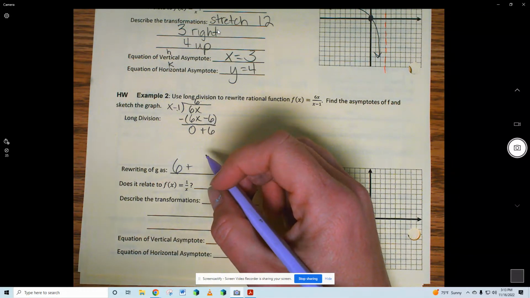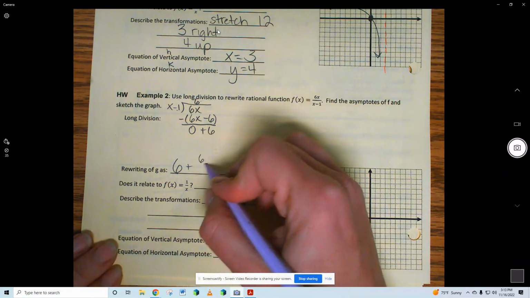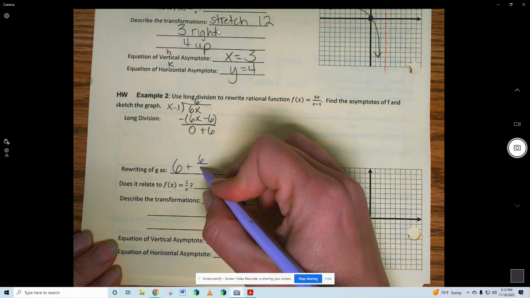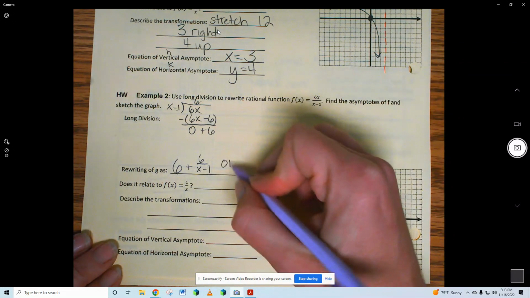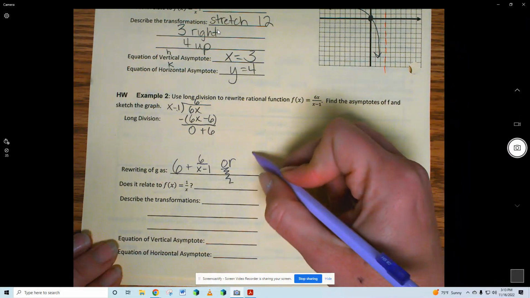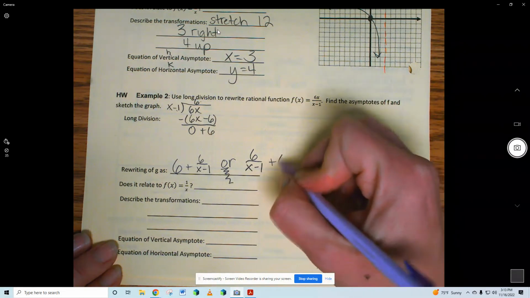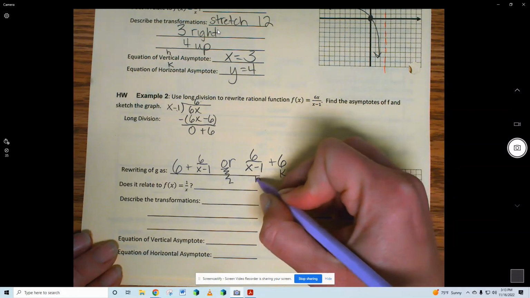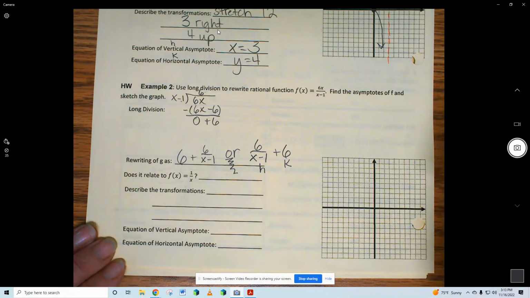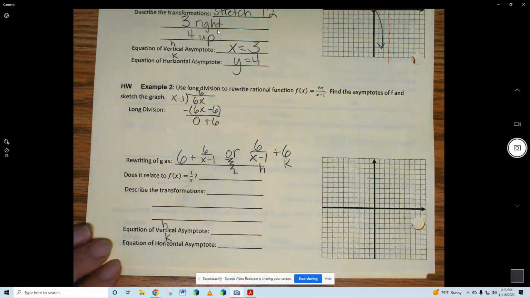I hear you talking, but 6. Rewrite it or put the fraction first. H is negative 1, K is 6. That translates to down here. H is my vertical asymptote, K is my horizontal.